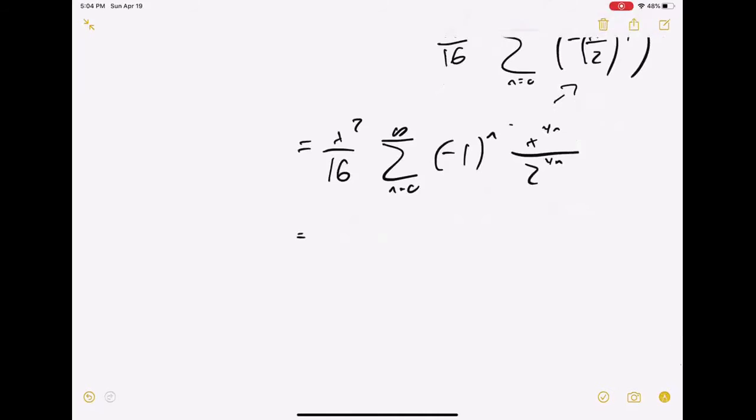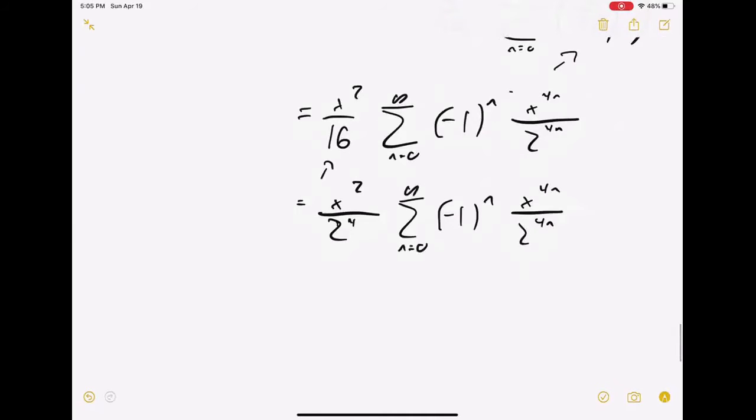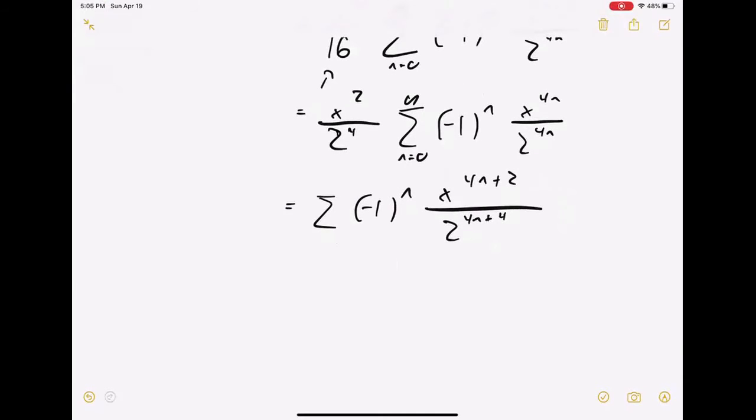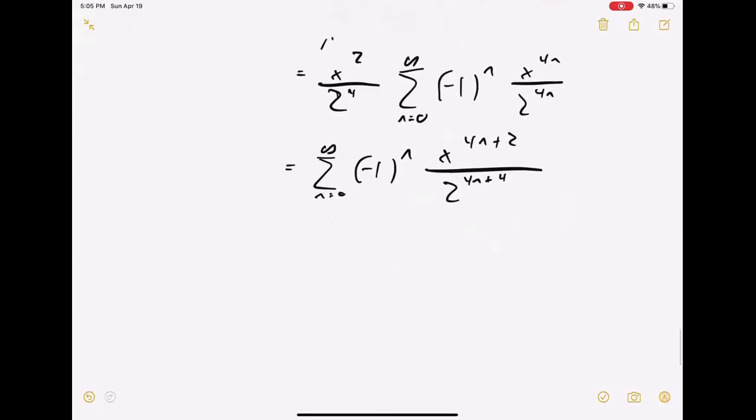Now let's bring this stuff outside inside the power series. 4n, and then I'm multiplying by x squared, so it should be x to the 4n plus 2. What about the denominator? I have 2 to the 4n plus, and then I should add another 4 to my exponent here.